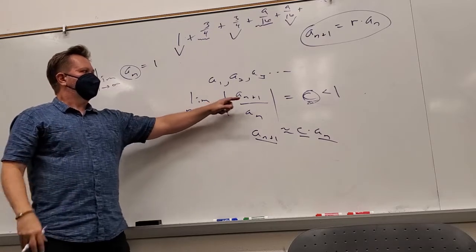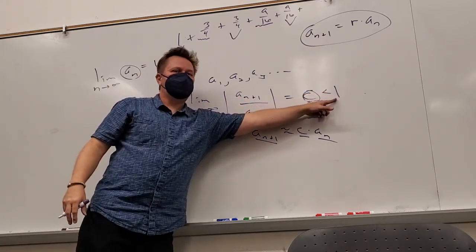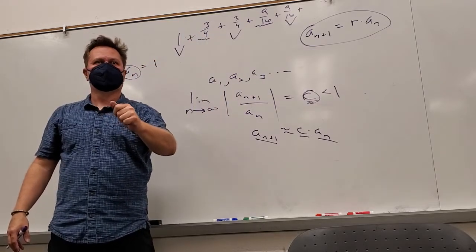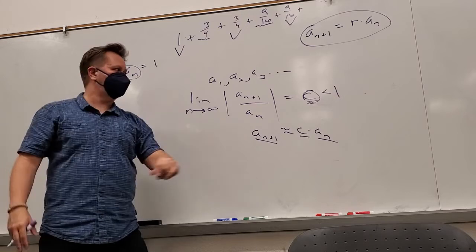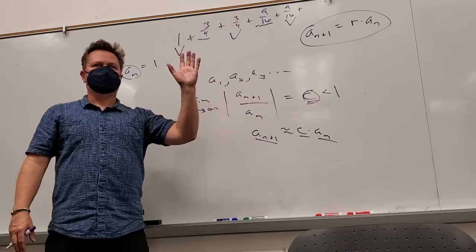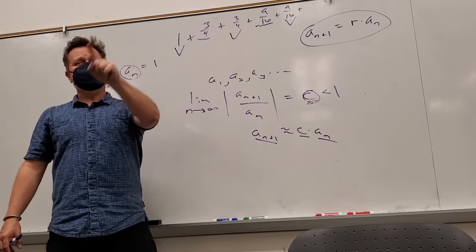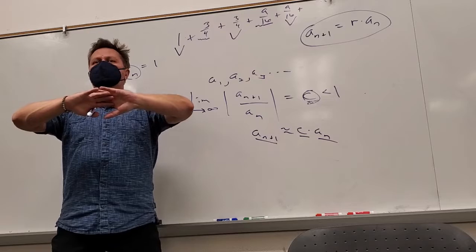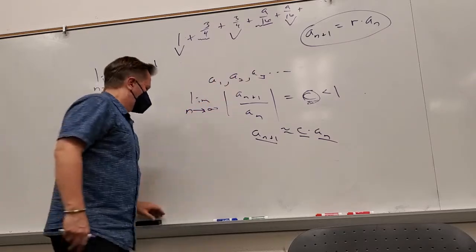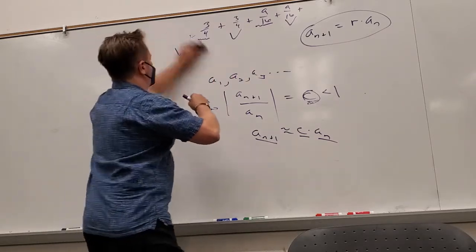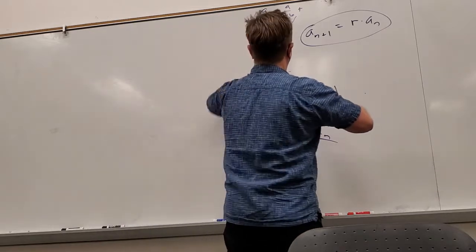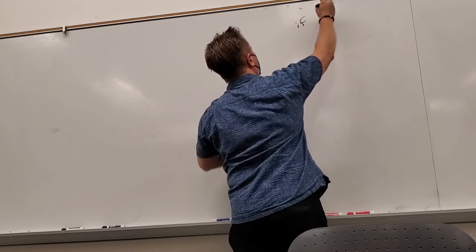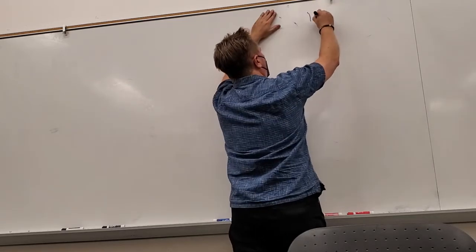So if the limit of this to this is less than 1, then the series converges. You with me? If it's greater than 1, what does it do? Diverge. If it equals 1, that's where things suck. It's inconclusive. We have to use some other test, right? So let me write what I just said, and then we'll do an example.